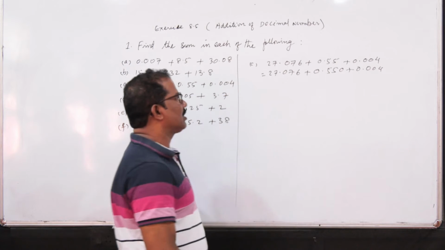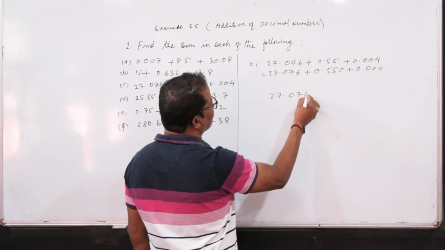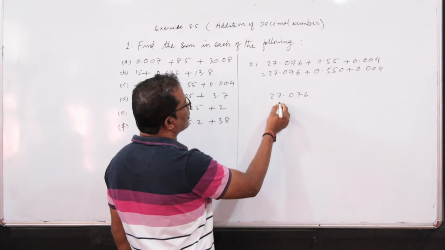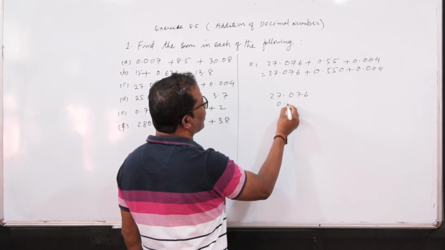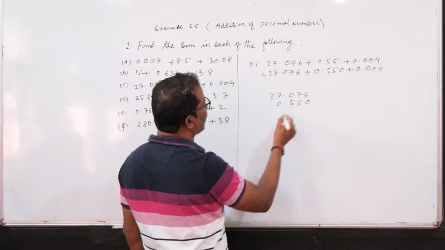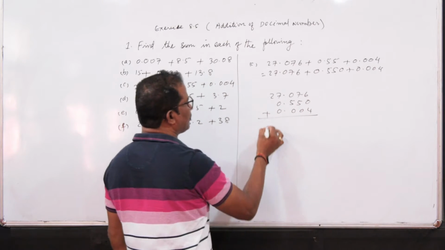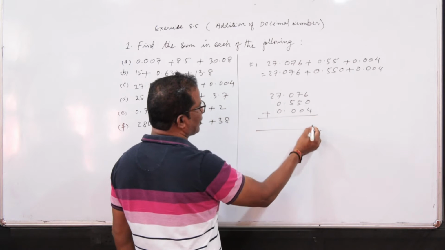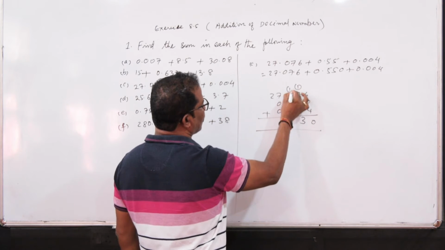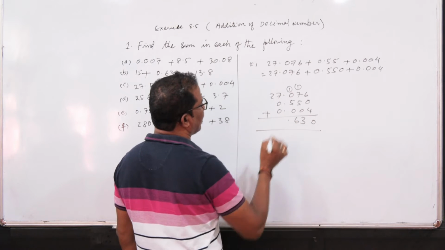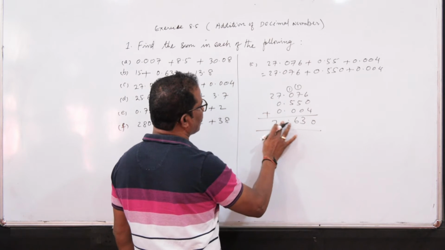Now the numbers are converted into like decimals. Now we can add by writing the numbers in column way, that is 27.076 and 0.550 and 0.004. Now we can add in the decimal places. It is 10, 1 carry, and it is 12 plus 1, 13, 1 carry, and it is 6, and the decimal point starts here, and it is 27 only.